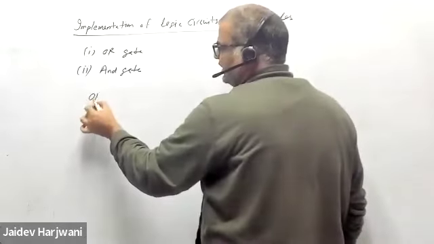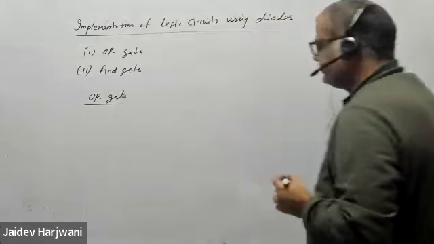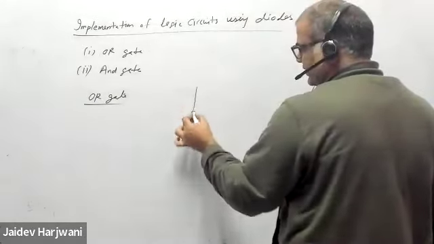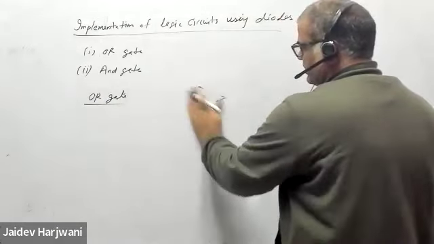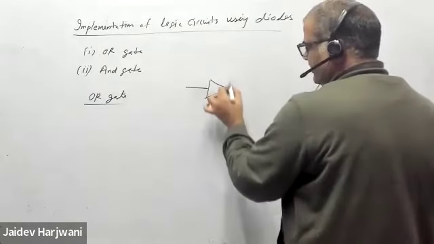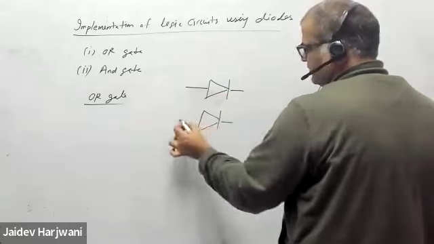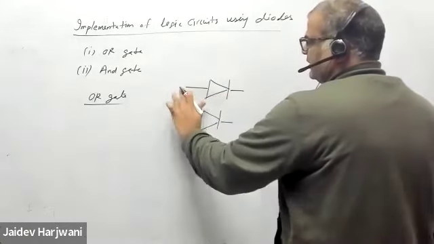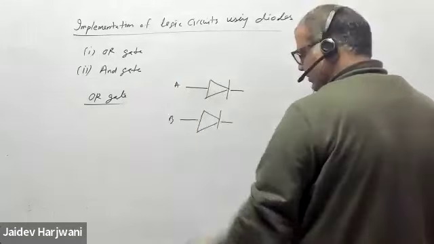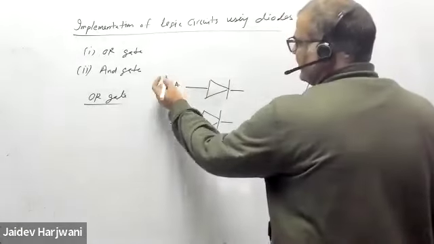How to perform the OR gate function using diodes. So you have, say, one diode with some input here, and one more diode with some input here. Say input variable A, and variable B. Inputs can be high or low, 0 or 1.